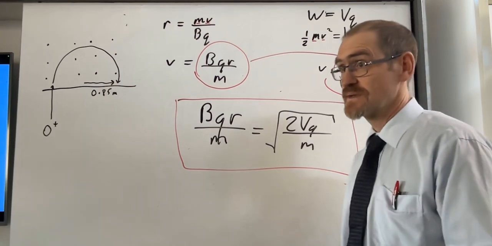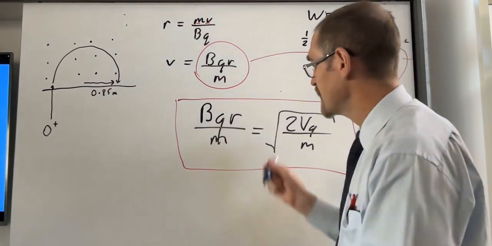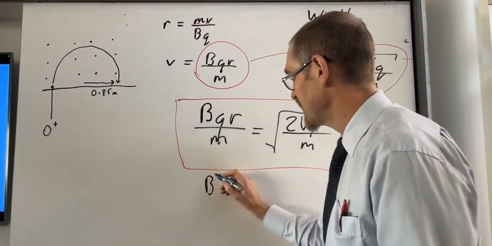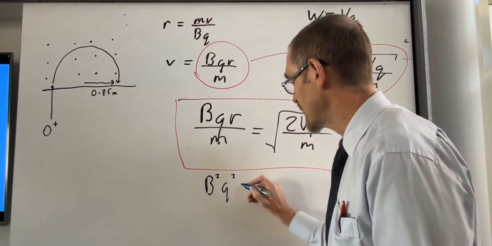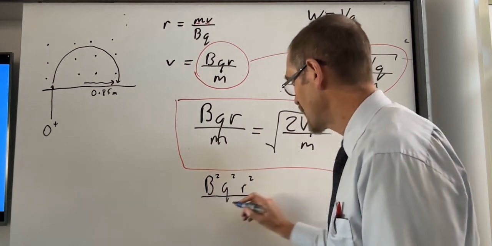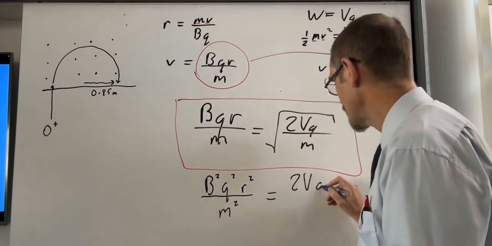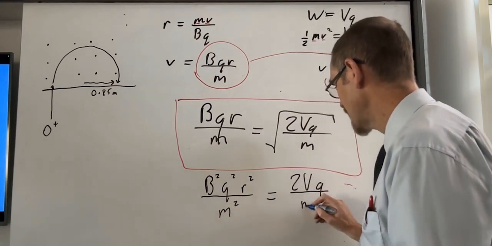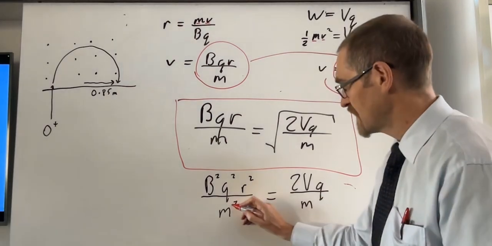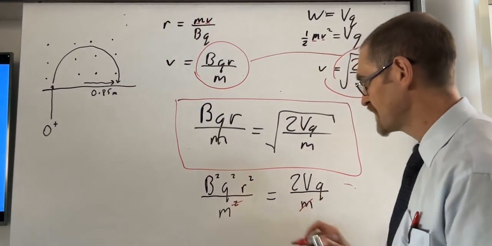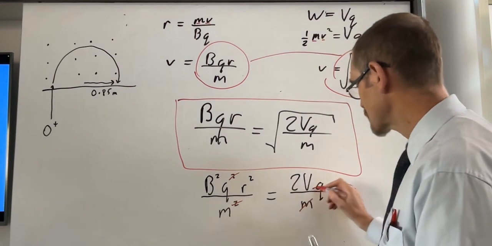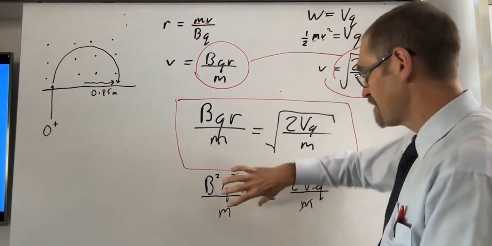Square both sides, so then we end up with B squared q squared r squared over m squared equals 2Vq over m. Straight away, that cancels that, and that.